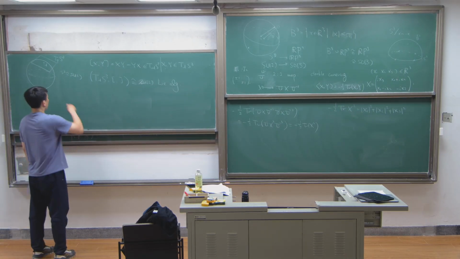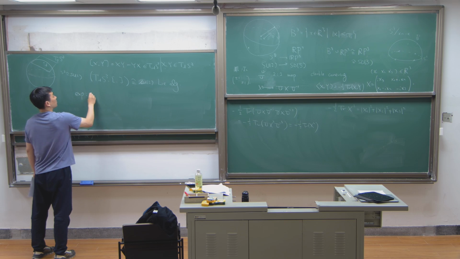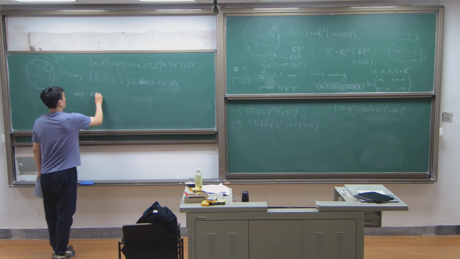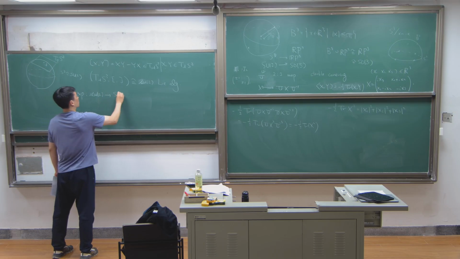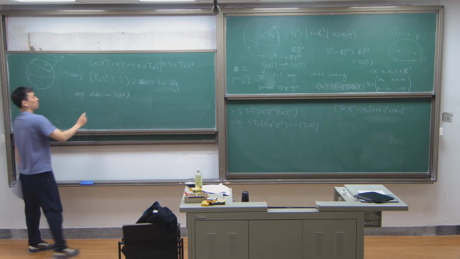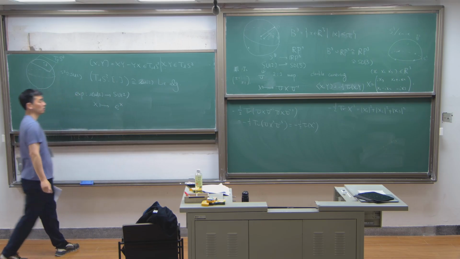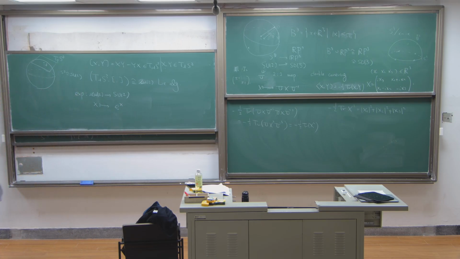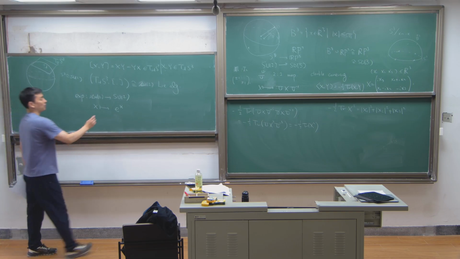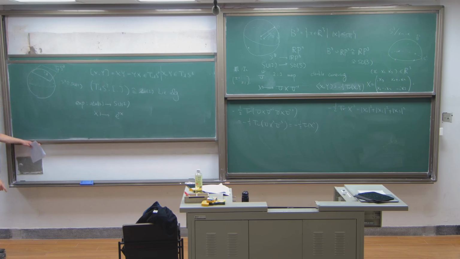And then you have the exponential map from the Lie algebra SU2 to SU2, which maps X to e to the X. In particular, if you map e to the tX, this will give you a curve around the identity.